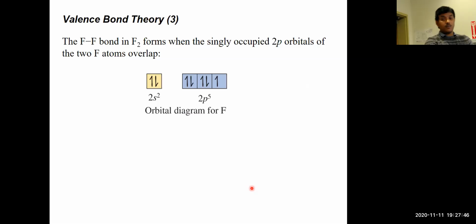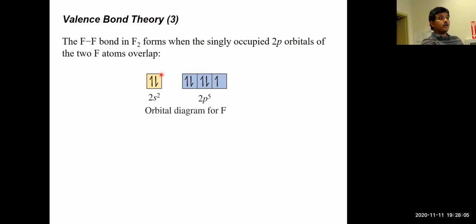Here is another example of atoms trying to form a bond. When you have fluorine atoms, if you look at the valence electrons for fluorine, it ends with 2s2 2p5. And if you check the orbital electron configuration, you can see that single electron there.